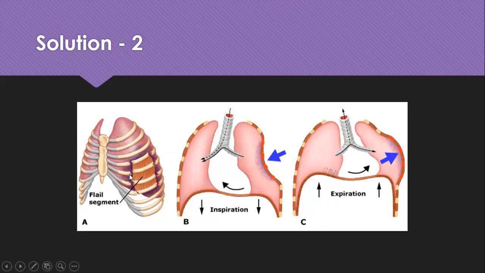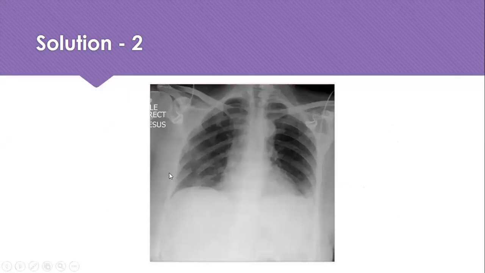And importantly, remember, flail chest happens when there are multiple rib fractures. Now, here you can see another diagram where you have multiple rib fractures which could potentially cause flail chest. Where I'm pointing my cursor now is the part where you can see rib fractures.